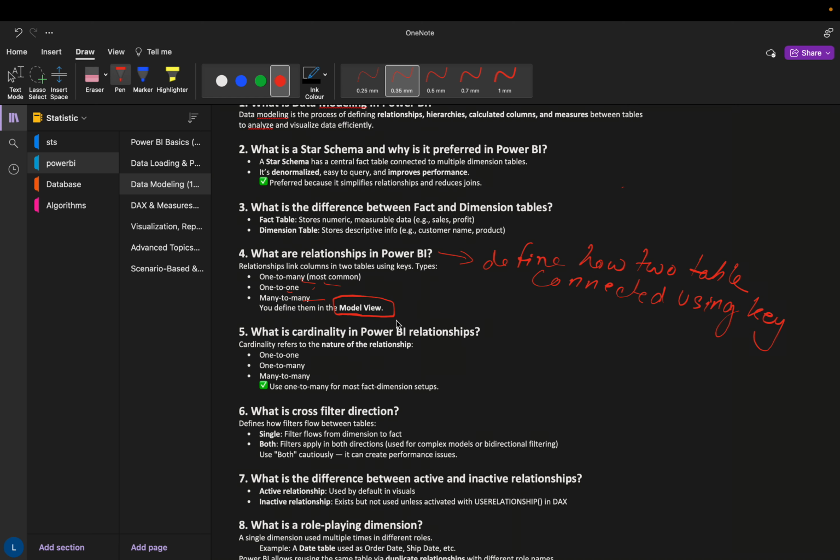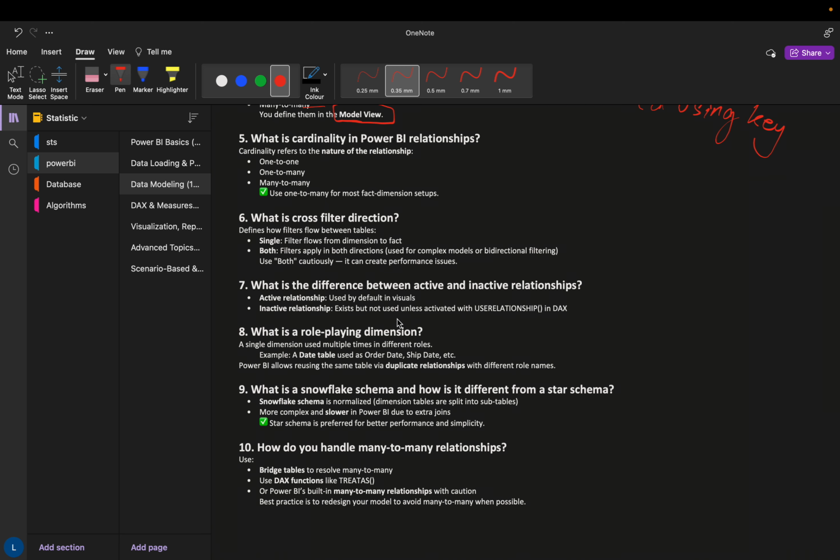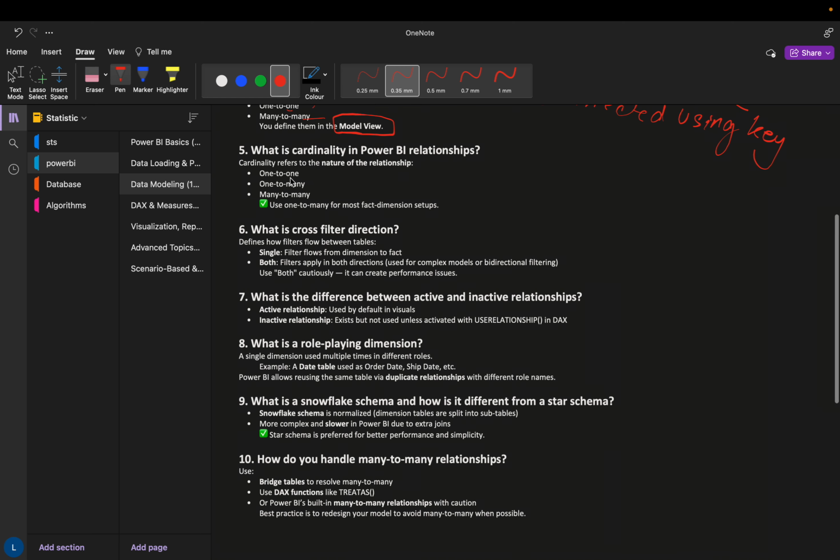All right, now let's move toward the next question. What is cardinality in Power BI? Cardinality refers to the nature of a relationship.